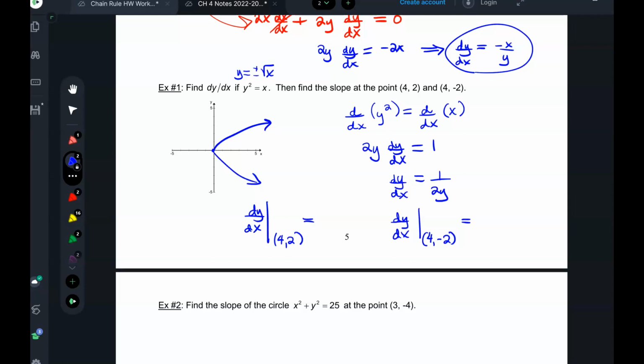What do we get for the 4, 2? It's just 1 over 2 times y. 1/4. Yeah, don't be shy. And then negative a fourth. Oh, that was a bad tangent line, but there we go.